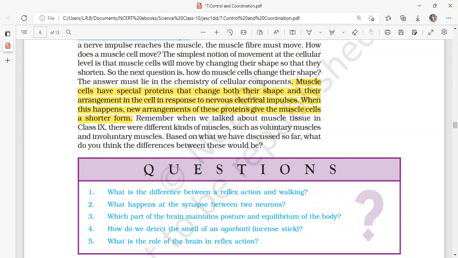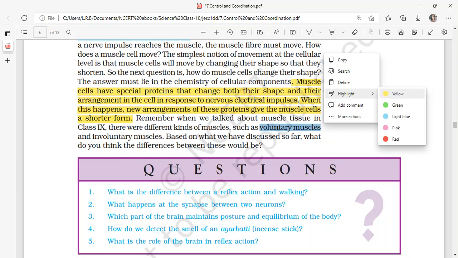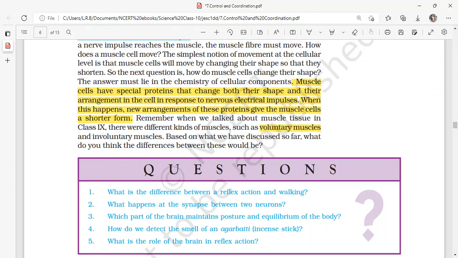Remember when we talked about muscle tissue in class 9, there were different kinds of muscles. Broadly classifying, we had voluntary muscles. Skeletal muscles come under voluntary muscles, and cardiac muscle and the smooth or unstriated muscles come under the involuntary muscles. Based on what we have discussed so far, what do you think the differences between these would be?